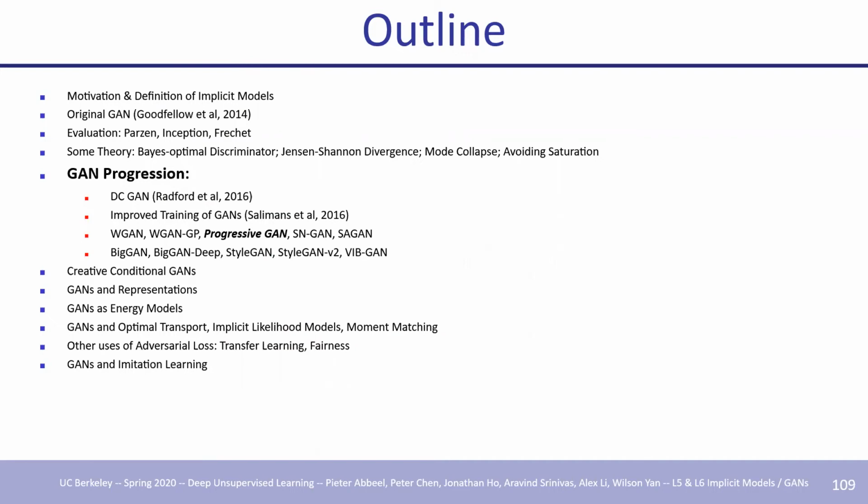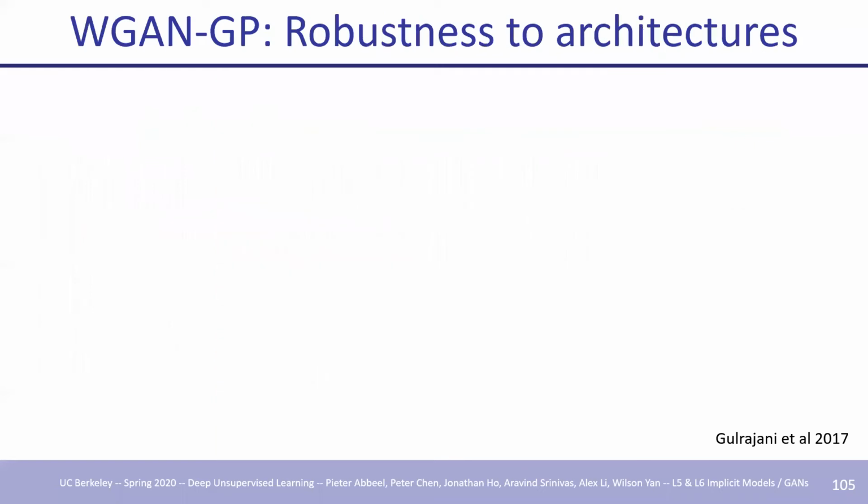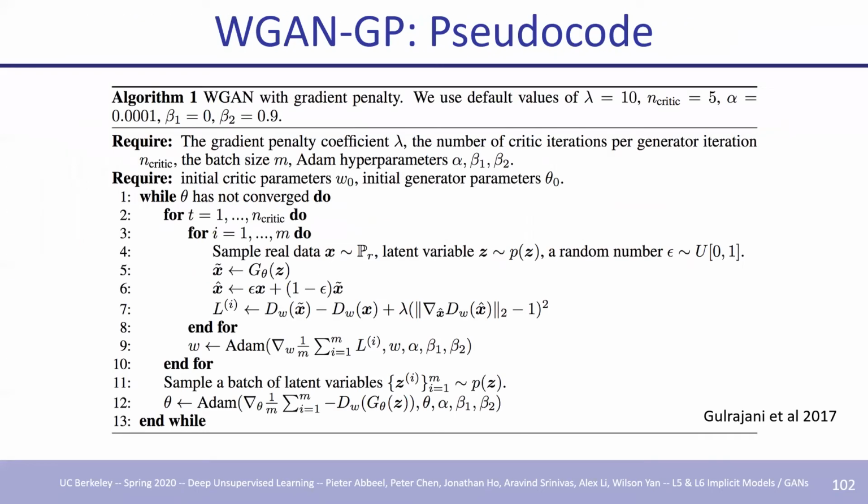Yeah, so a question, how do we implement this gradient penalty? So we compute gradient once with this mixed data, x hat, right?